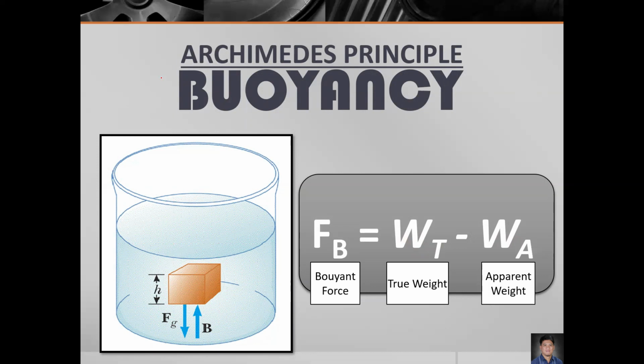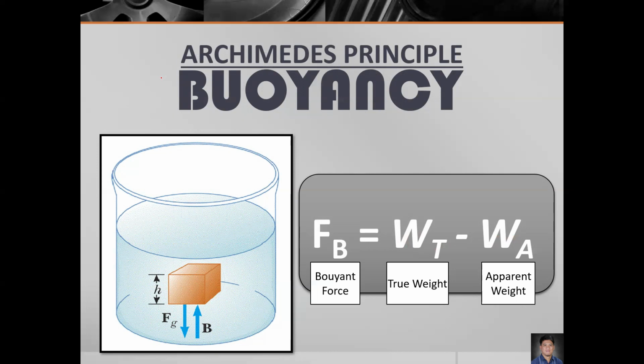So the buoyant force is equal to the true weight. So this is the weight of the object while it is not yet immersed in the water or in the liquid or in the fluid, subtracted by the apparent weight. So this is the weight of the object while it is immersed in the fluid. True weight, it is not yet placed in the fluid. Apparent weight, it is already placed in the water or in the fluid.